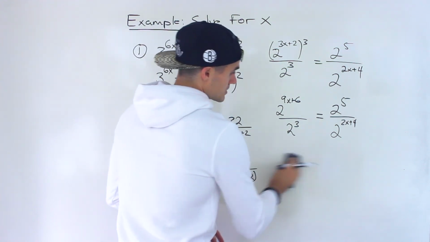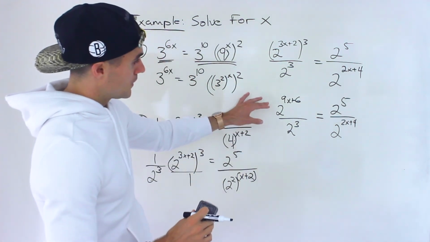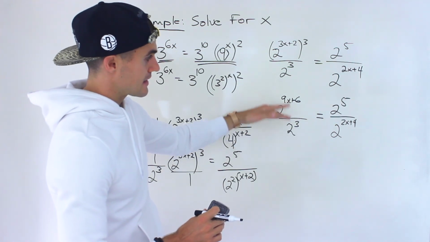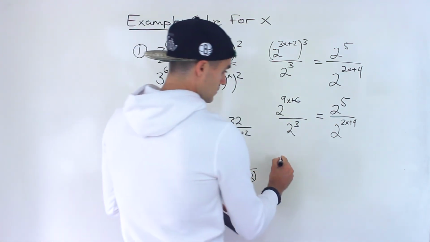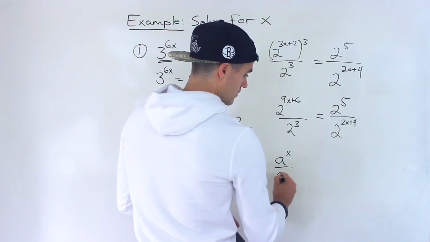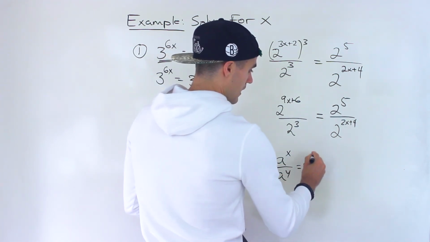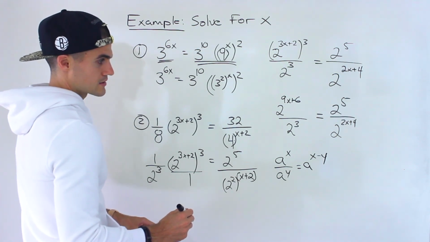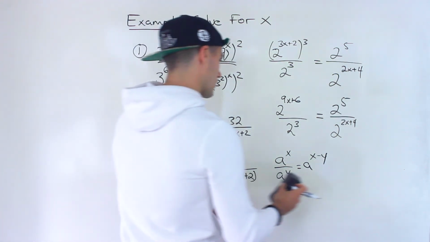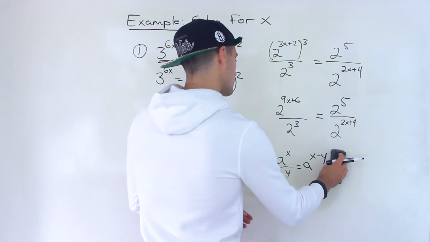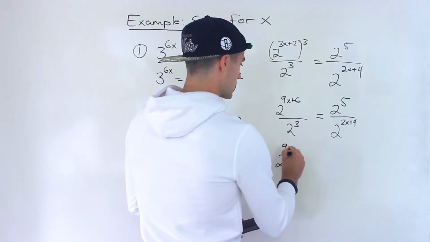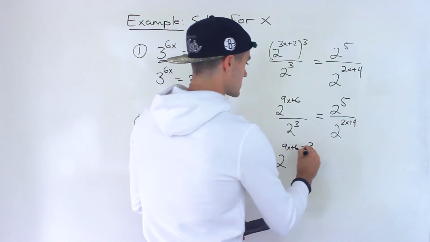And now notice we have exponential expressions with the same base that are dividing. And so we know that if we have something like that, the exponents subtract. So what would happen here is we'd have 2 to the power of 9x plus 6 minus 3.